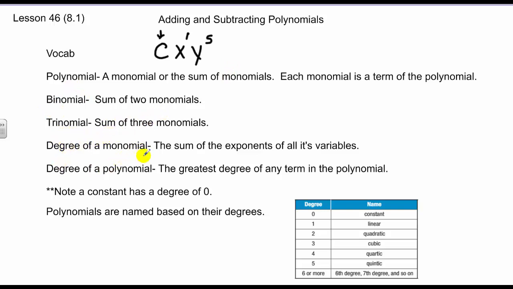There's something called the degree of a monomial. A degree is the sum of all the exponents of the variables. In this case, my two variables were x and y, and I have exponents of 1 and 5, so this has a degree of 6.